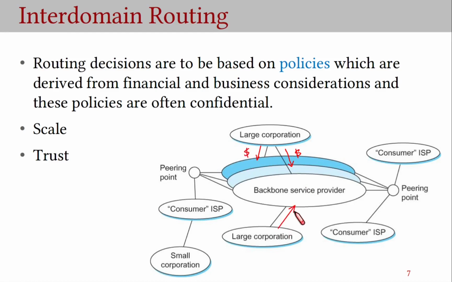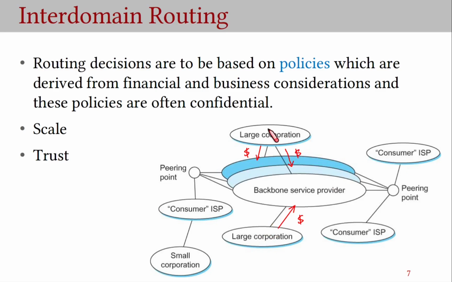And this money flow happens regardless of the direction of traffic. So this corporation, for example, is going to give money to this provider whether the traffic is coming from the service provider to the corporation or the corporation is sending traffic somewhere else.